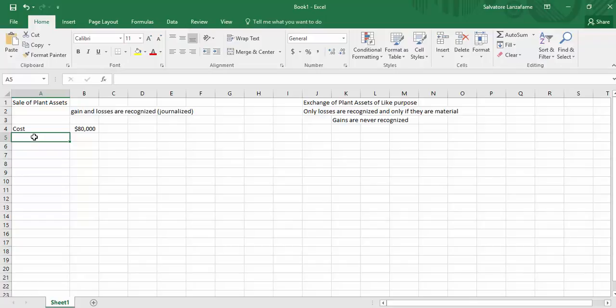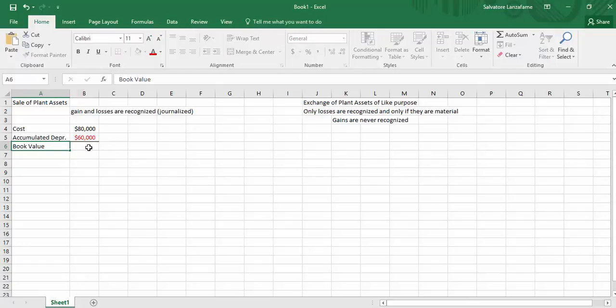But units of production, double declining balance, whatever technique you used, let's just assume that the amount of depreciation we have taken so far is $60,000. So if you remember the definition of book value, it's when you take your accumulated depreciation and you subtract it from your cost. This is what we get when we say book value.